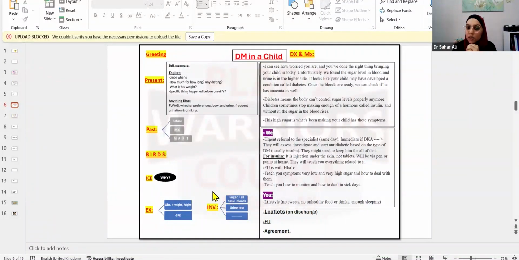The diagnosis should be given in a sensitive way. I cannot say it's proper breaking bad news, the child is not dying, but sensitively.